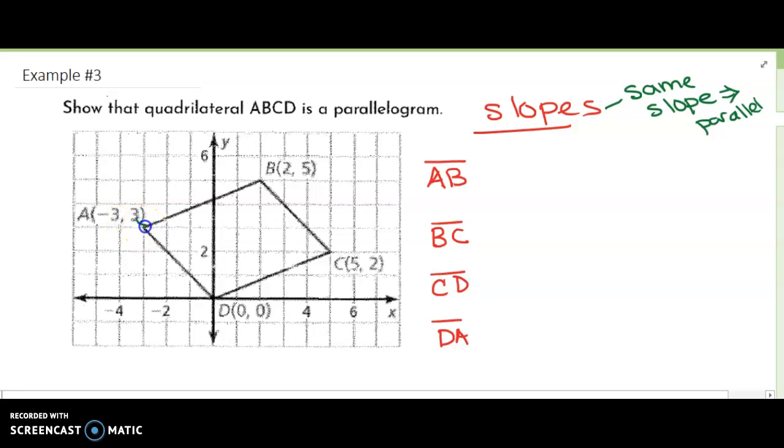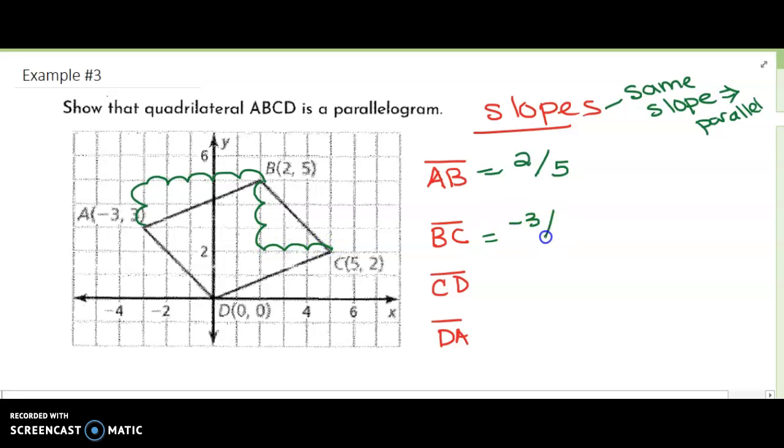So AB, we're going to go up 1, 2, over 1, 2, 3, 4, 5. So the slope of AB is 2/5. Slope of BC, we're going to go down 1, 2, 3, and to the right, 1, 2, 3.